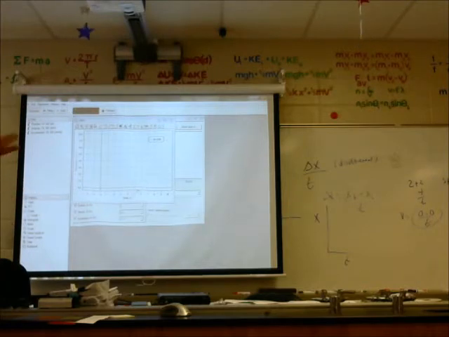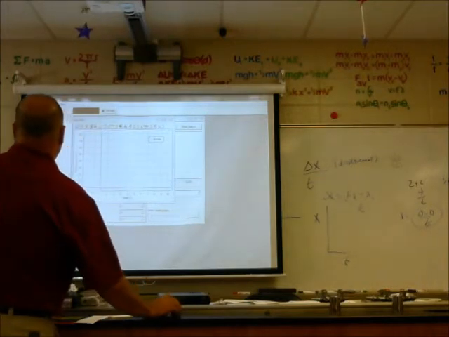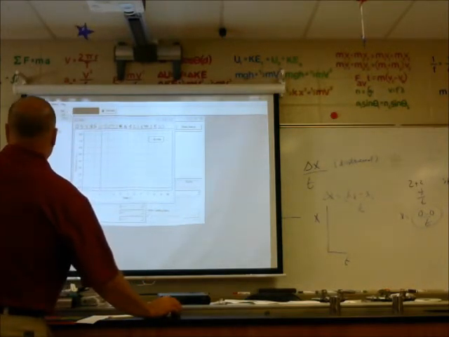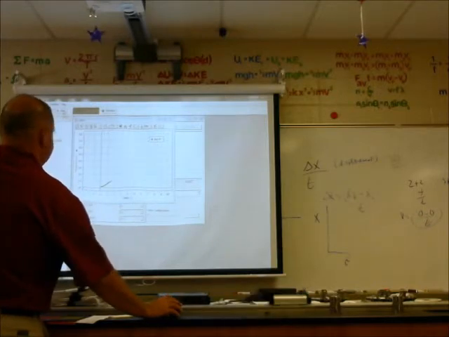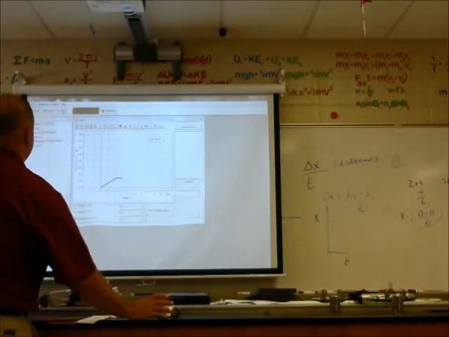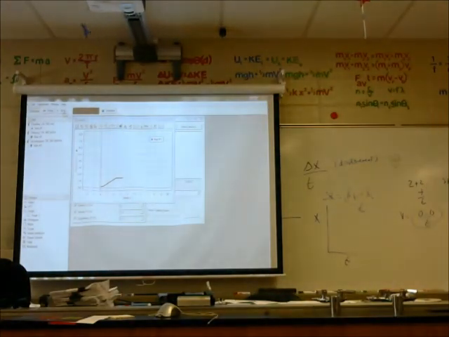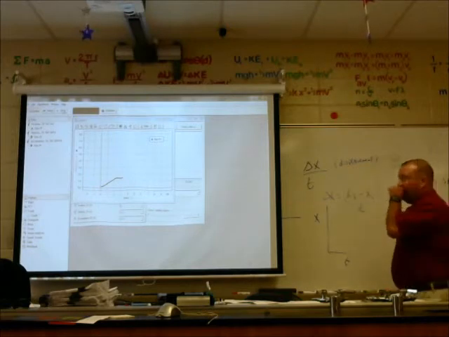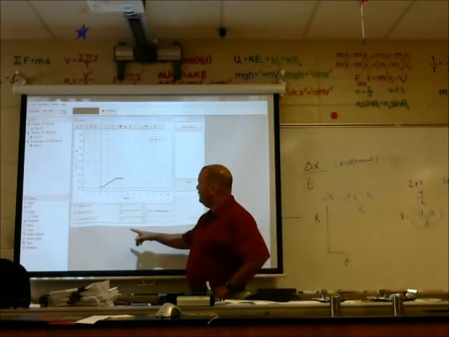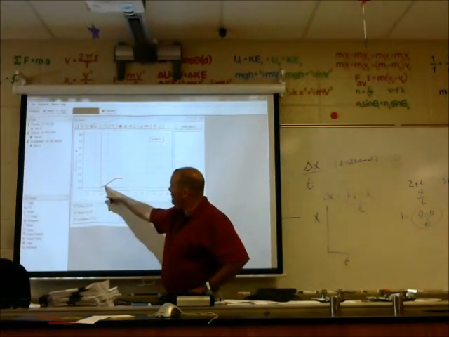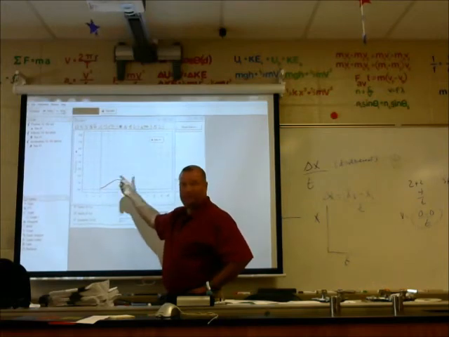As it shows up, you'll see how it works, right? And you'll see if we're in the ballpark here. Now, so once I started it and pulled the pin, what happens? It's a straight line, right?